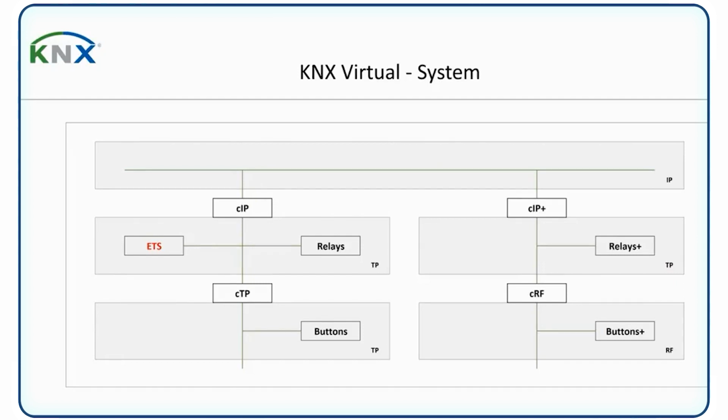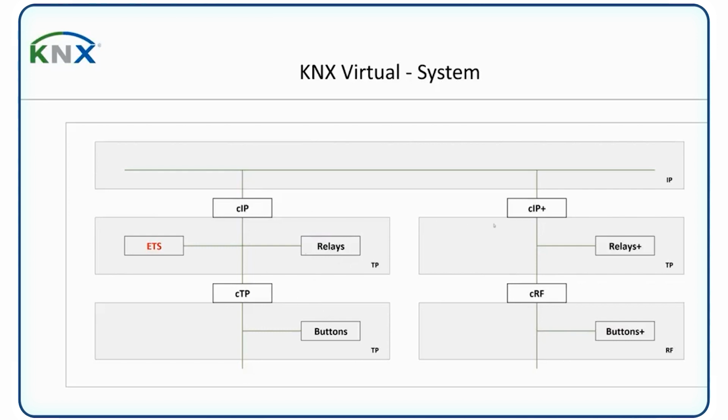Basically, we have a left side and a right side. On the left side, on the bottom, we see a twisted pair buttons device, a twisted pair coupler, and a relay, so it's actually a switching actuator, and all these devices are not secure.